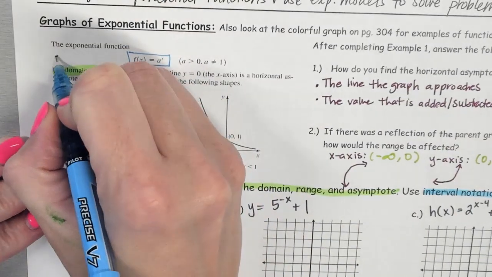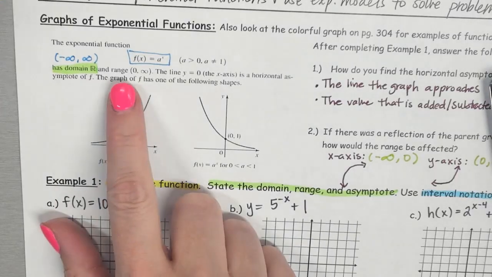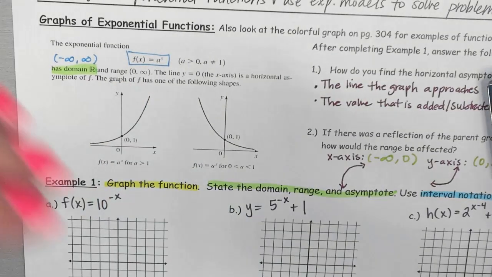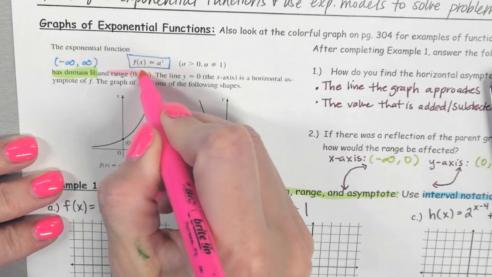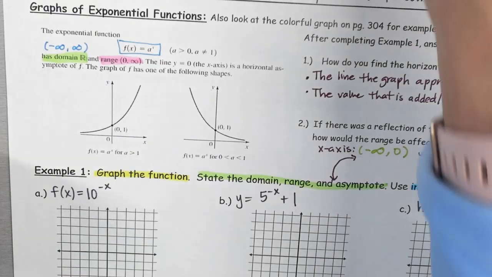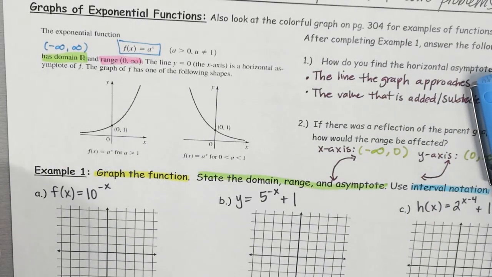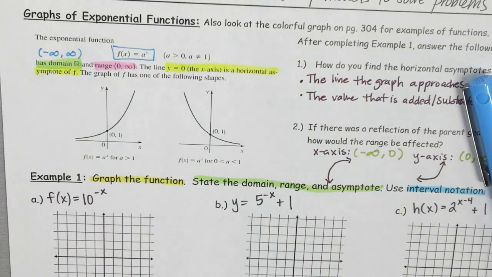So your domain is negative infinity to infinity. This is for the parent function. The parent function range that you see below is 0 to infinity. That can change based on reflections. And that line y equals 0, which is the x-axis, is the horizontal asymptote for this function.